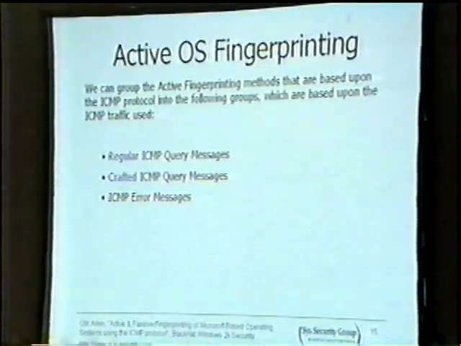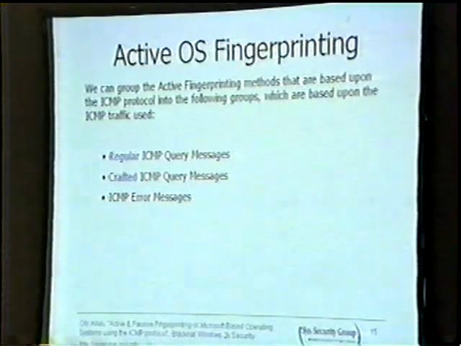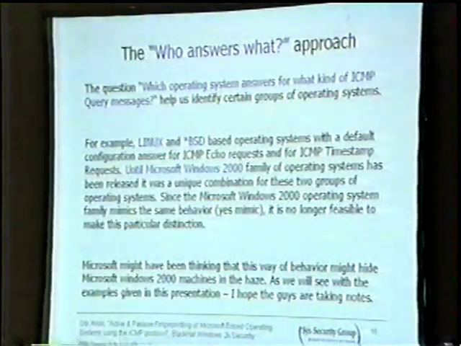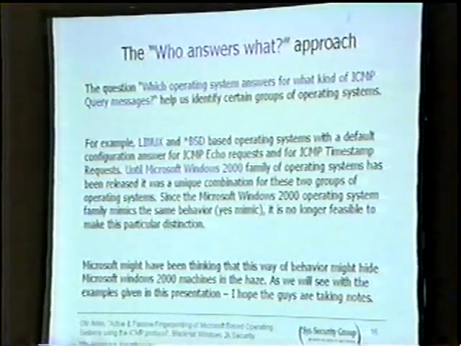For active operating system fingerprinting, we can use 3 types of datagrams. We can use a regular ICMP query message, we can use a crafted ICMP query message, and we can use ICMP error messages. The first approach is the who-answered-what approach.